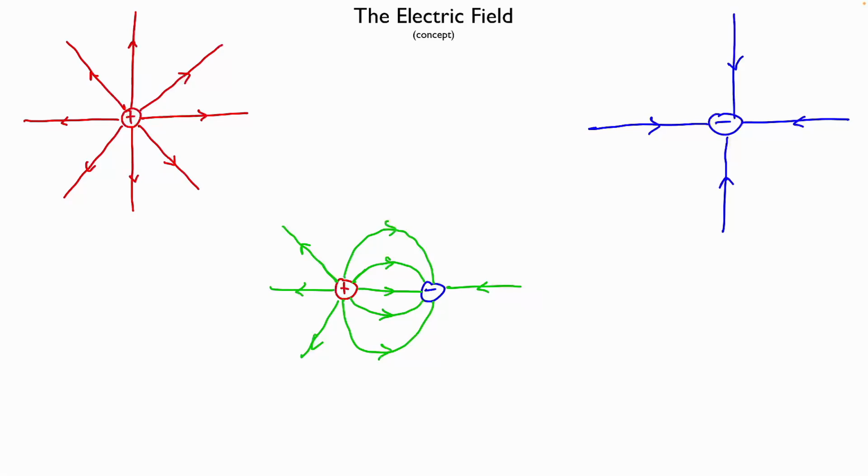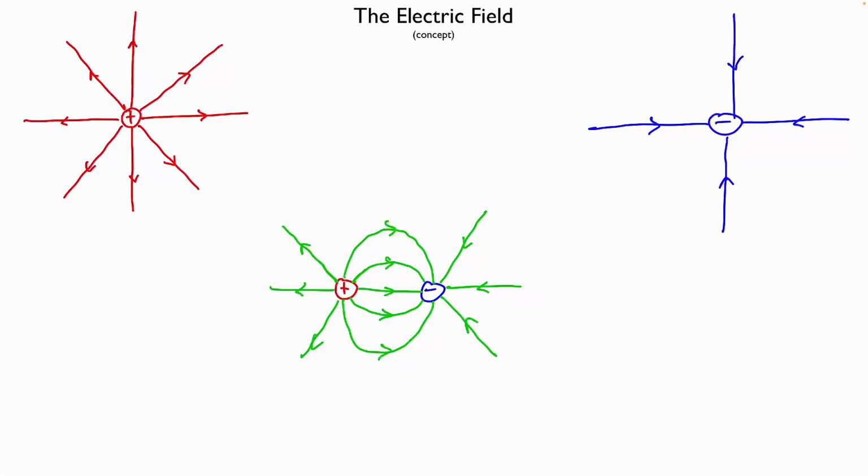I said I just have one positive charge, one negative charge. They're equal in magnitude. So how many field lines do I have to have on the negative one? Same number. I have 8. So this one, where does it go? From the top right to infinity. Goes to infinity, wraps around, and ends up on the negative charge, right? And so on and so forth, to get the full path.